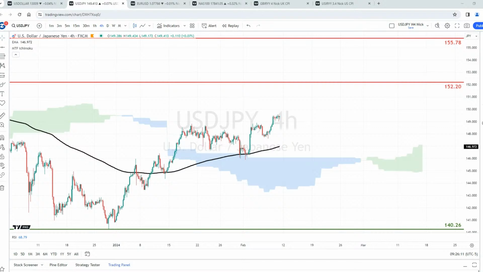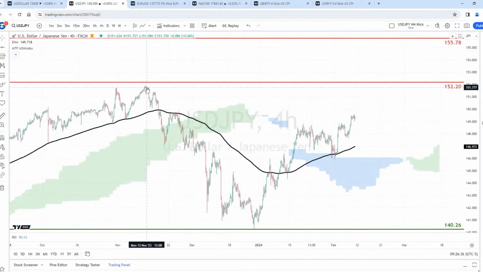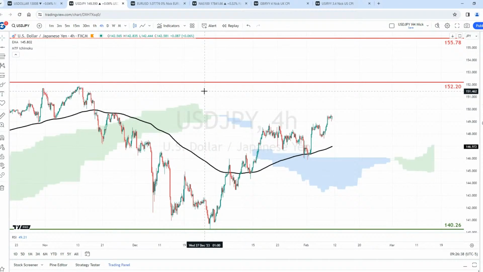Now, given these latest developments, the pair extended its gains and keeps the 152.2 handle in its crosshairs, which is the highest level in nearly 34 years. On the other hand, however, we must say that it had failed to clear this level back in November.